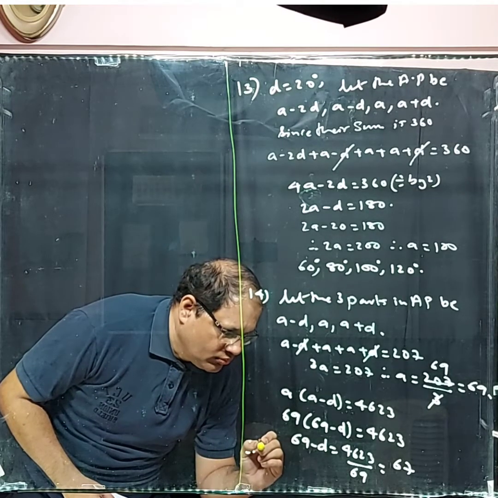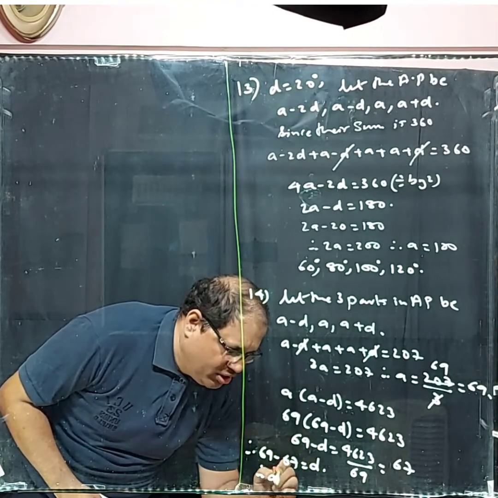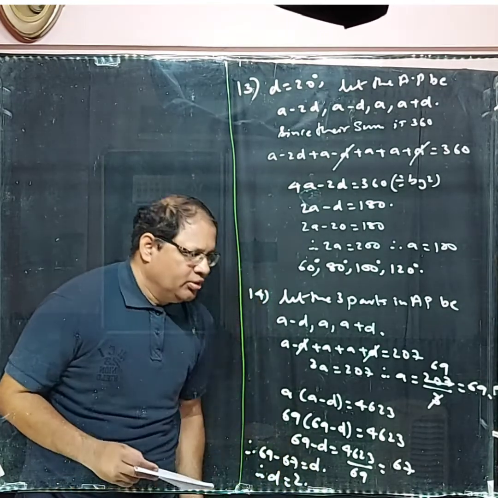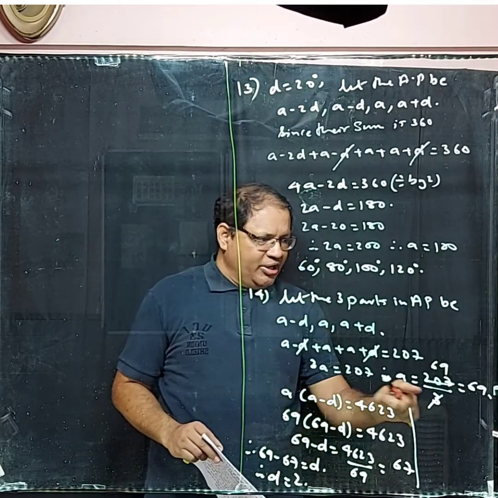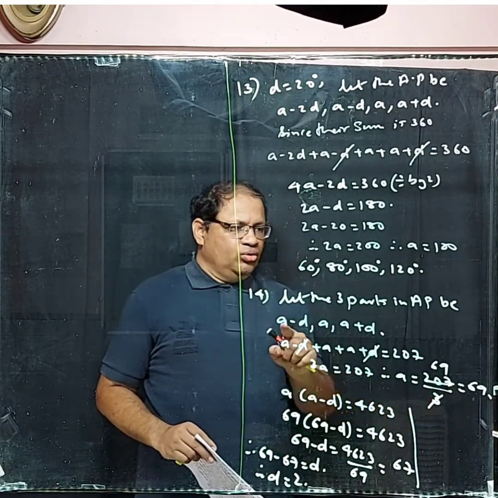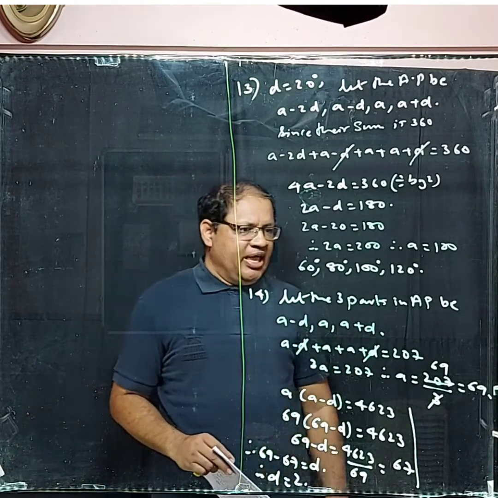Therefore 69 minus 67 is equal to d. Therefore d is equal to 2. Now if you've got d value and if you've got a value, you can substitute and get the 3 terms in AP.